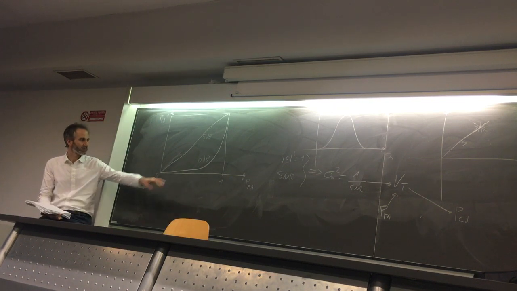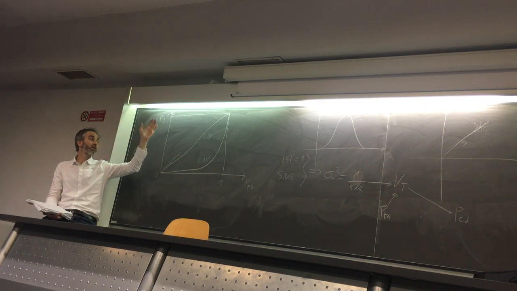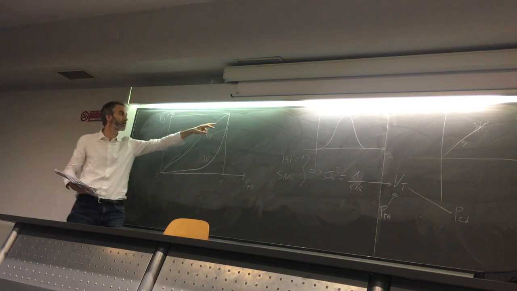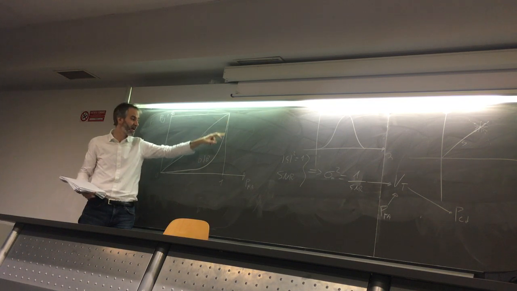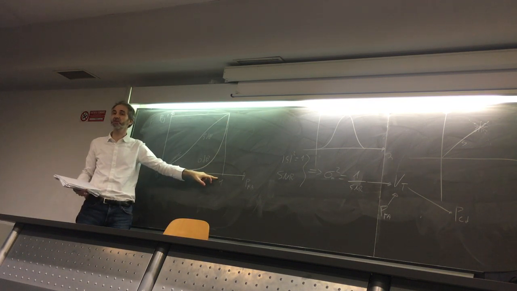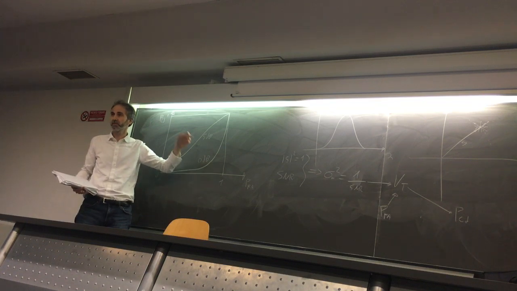So what does it mean? That if your signal to noise ratio is very low, then to have an acceptable probability of correct decision, let's say on the order of 0.8, 0.9, you have to accept a very large probability of false alarm. There is no way out of it.